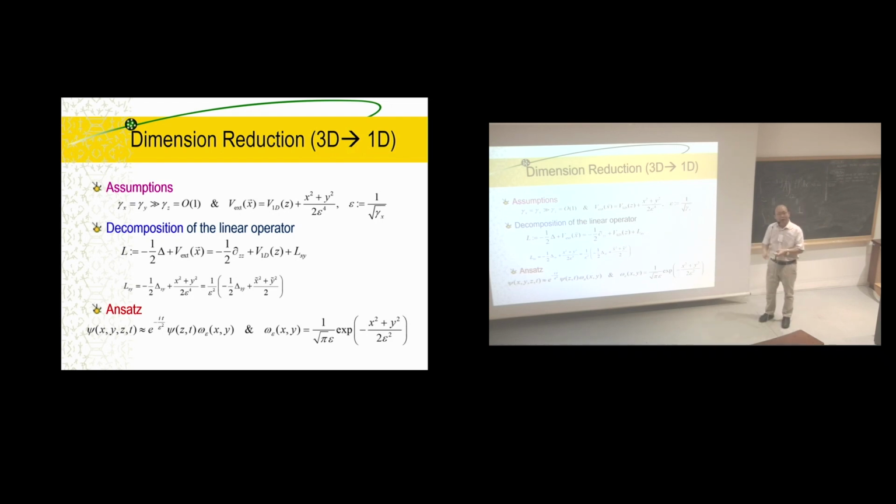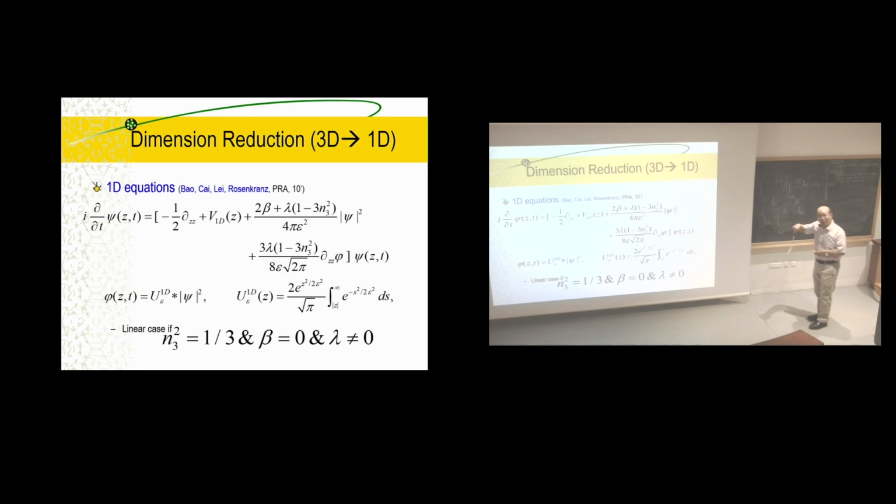When epsilon is small, you have a clear scale separation in energy levels. So with this understanding, the proper ansatz should be this one: exponential minus it over epsilon squared, psi of z and t, times omega epsilon of xy. This is basically the ground state of this operator. When epsilon goes to 0, this goes to Dirac xy in R2.